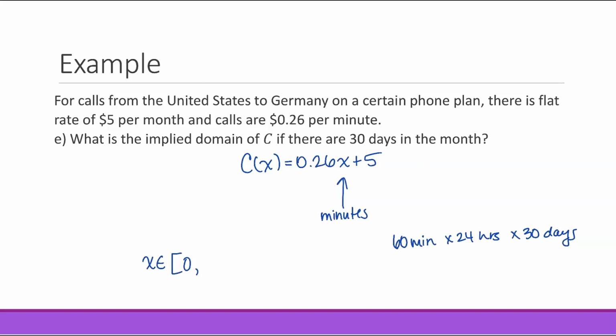So it turns out that that number is 43,200. So that's the biggest number I can substitute into this particular function. So the domain is 0 to 43,200. And I can plug in that number, so I would use a closed bracket around that interval.